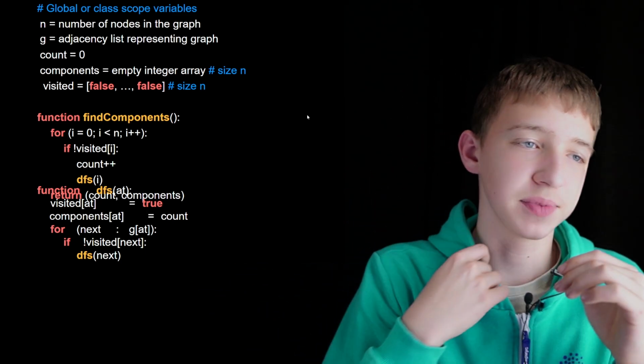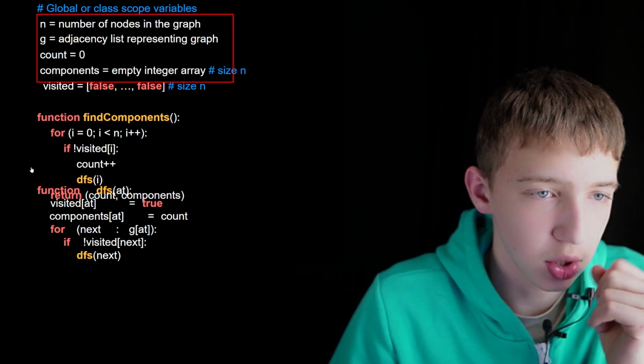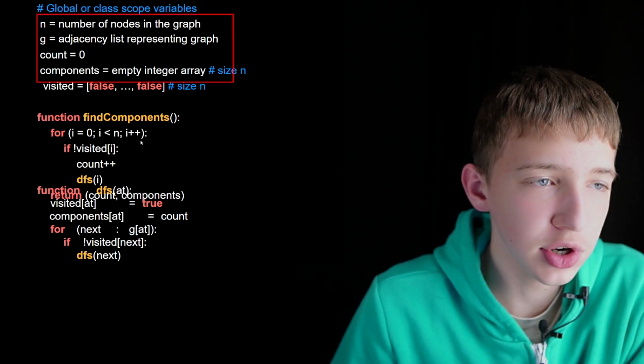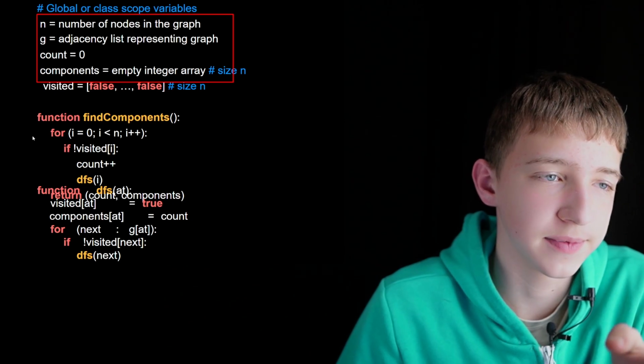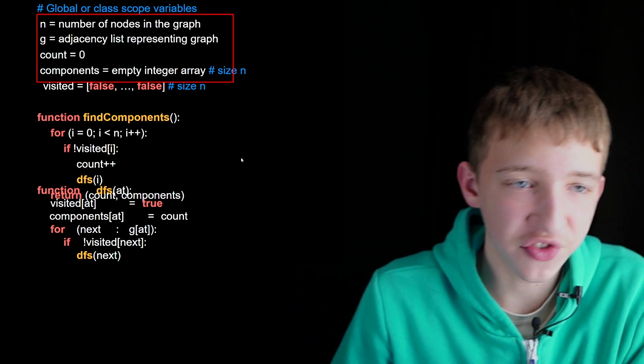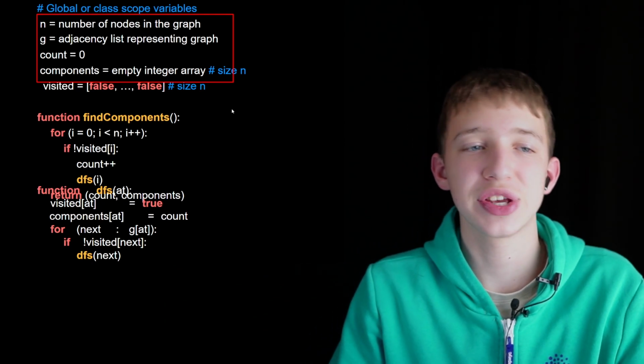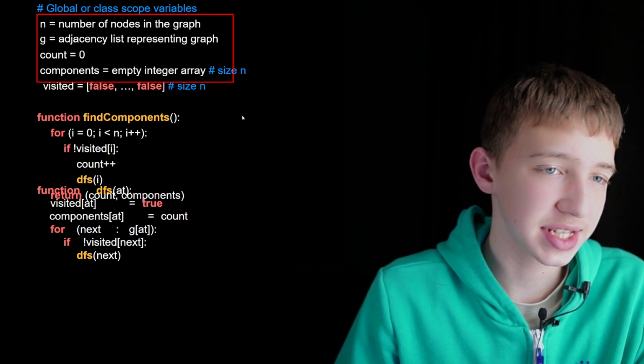All right, so let's look at some pseudocode for how this works. First we're declaring a couple of things, that is, the number of nodes, and then the graph G as the adjacency list representing the graph, the same thing as for the basic depth first search.